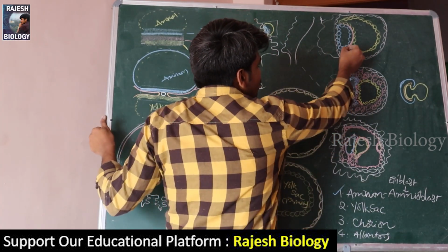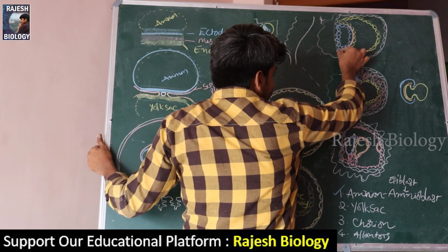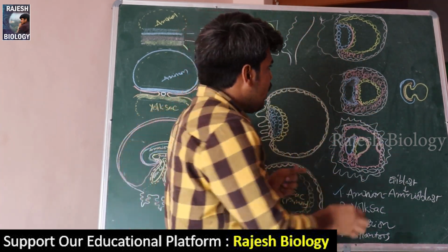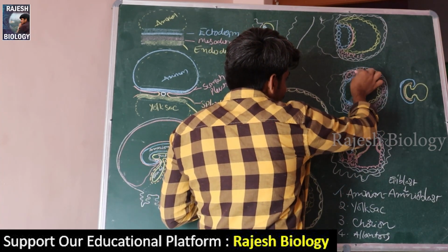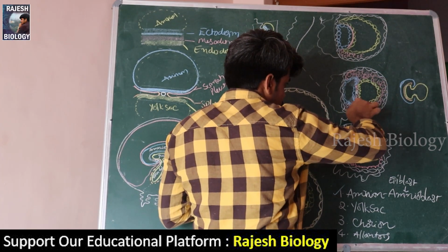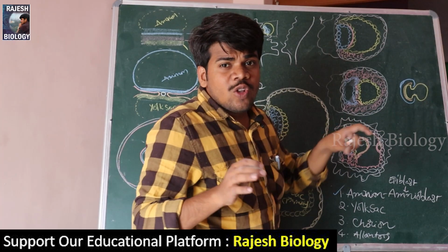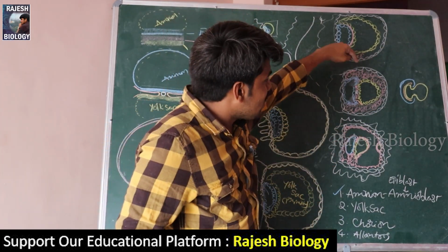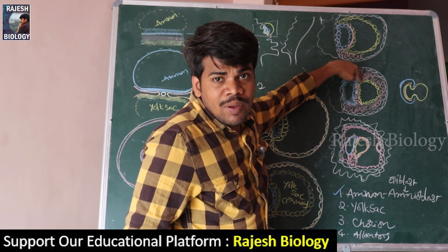Okay. Whenever the mesoderm is formed, the mesoderm gets distributed in all directions. It occupies the space within this embryo, within this blastula, within this gastrula. So many mesodermal cells occupy the space between the cytotrophoblast and the internal embryonic membranes.